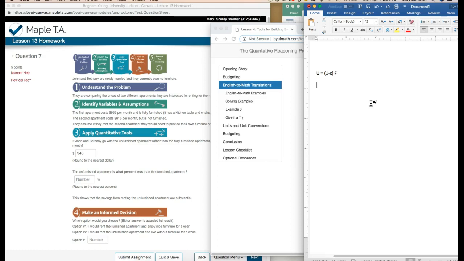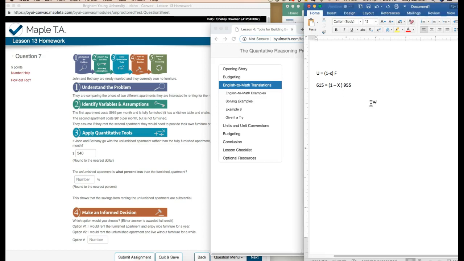And so we're going to put in the unfurnished apartment was $615. Equals 1 minus X times the furnished apartment was $955. There we go. And then we just need to solve for X.